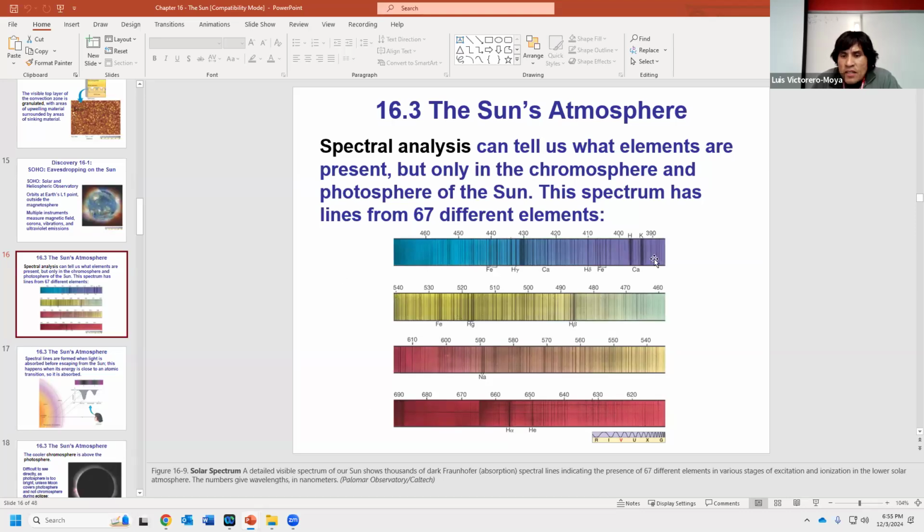These are gaps in the solar atmosphere. You see, if there were no elements in the atmosphere of the sun, this would be a continuous spectrum without these black gaps. We see these gaps because of the elements that are in the sun's atmosphere.